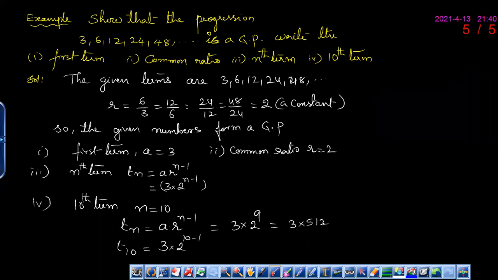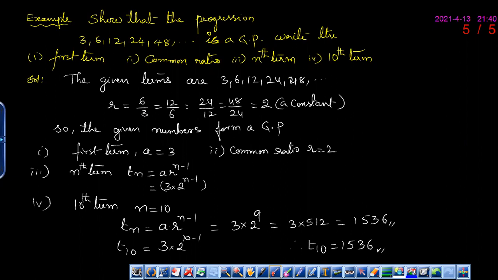2 to the power 10 is 1024, so 2 to the power 9 is 512. So 3 into 512 is 1536. Therefore the 10th term is 1536. This is how you need to solve the problem.